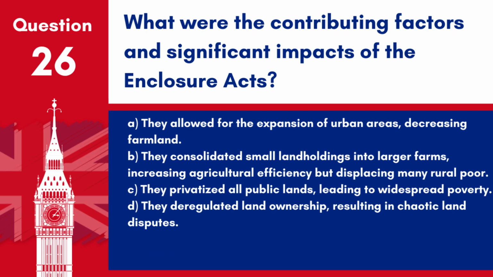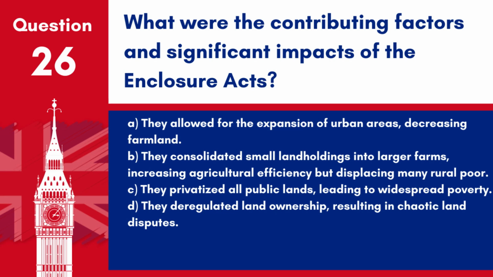Question 26. What were the contributing factors and significant impacts of the Enclosure Acts? A. They allowed for the expansion of urban areas, decreasing farmland. B. They consolidated small landholdings into larger farms, increasing agricultural efficiency but displacing many rural poor.